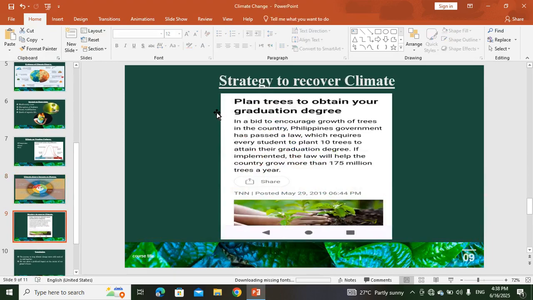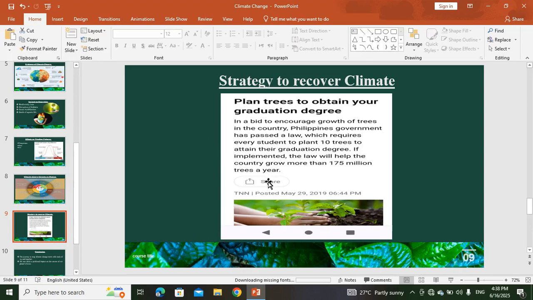Actually, this is one best strategy to recover the climate. This is part of a newspaper posted May 29, 2019 at 6:14 p.m. In a bid to encourage growth of trees in the country, the Philippines government has passed a law which requires every student to plant 10 trees to attain their graduation degree.